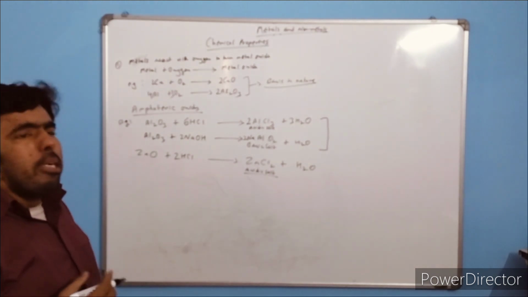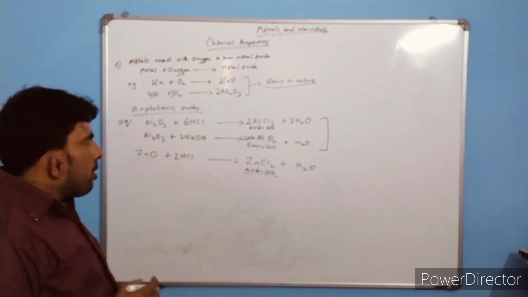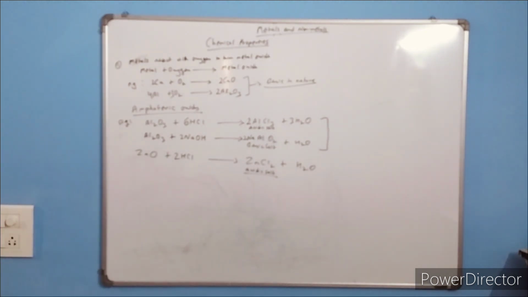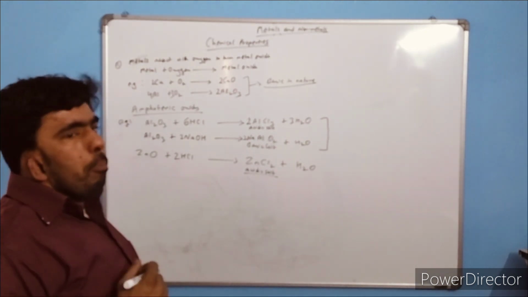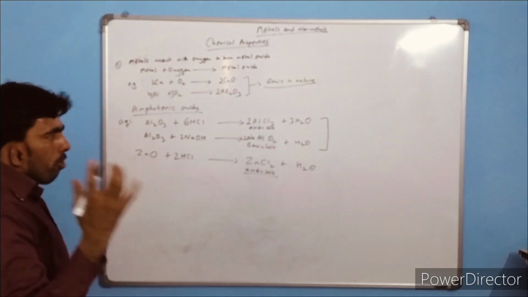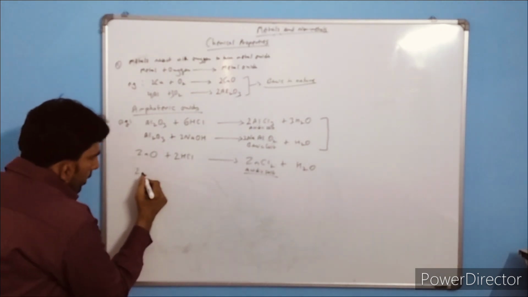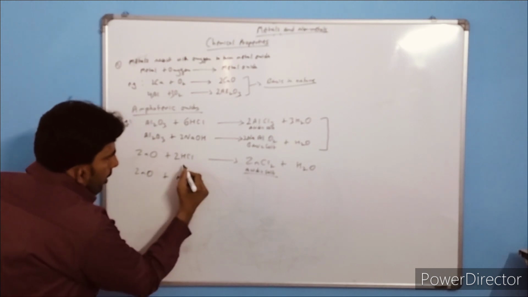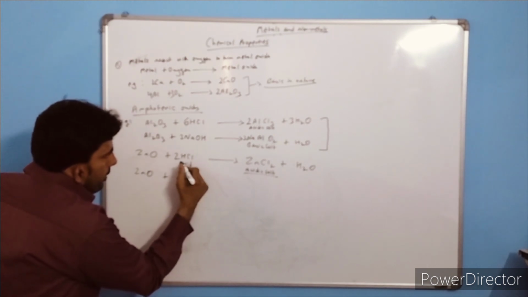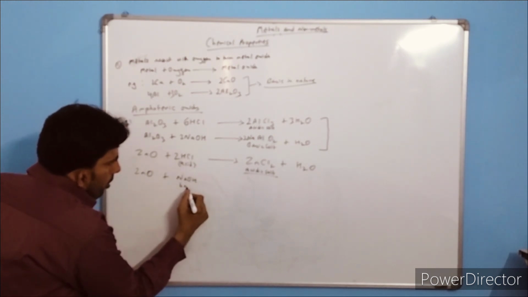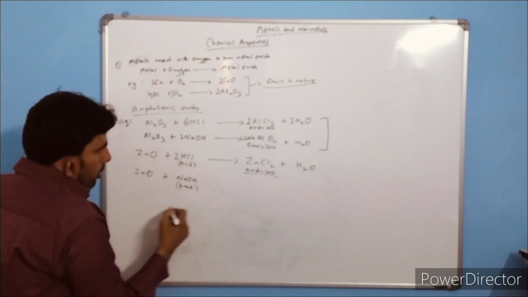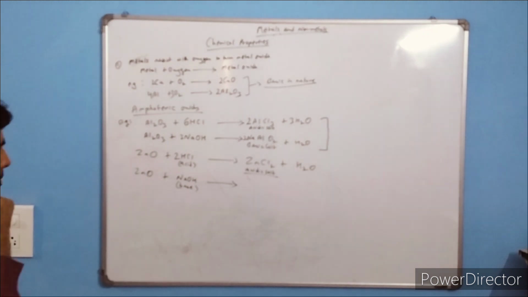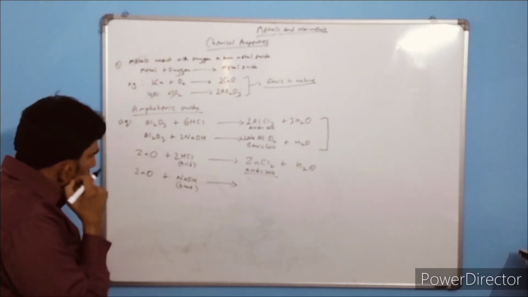They are amphoteric oxides because they show acidic salts, and when they react with base, they show basic salt. For example, zinc oxide plus base: this is acid, this is base. So what will I get here? Tell me.